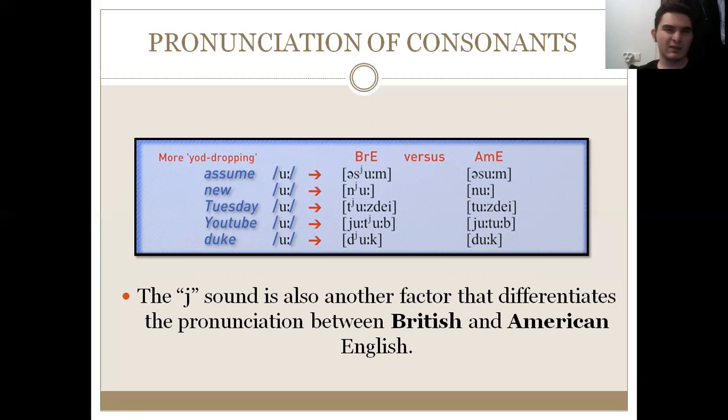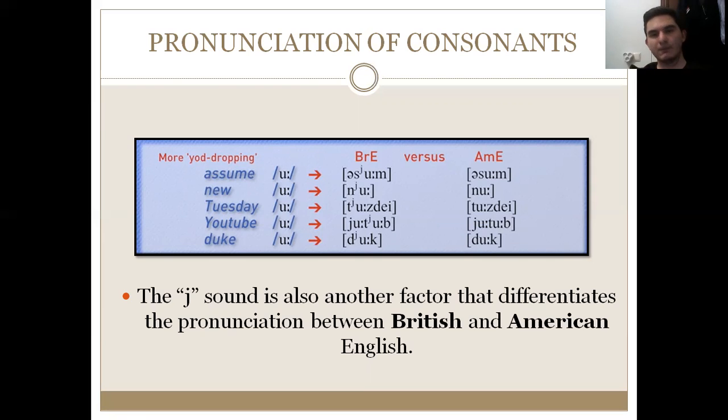So it's not a bad guess to say yod dropping probably happened around the 16th, 17th, or 18th century. What this means is that after a while, the American English language has just dropped the yod sound, as in yes or yod.